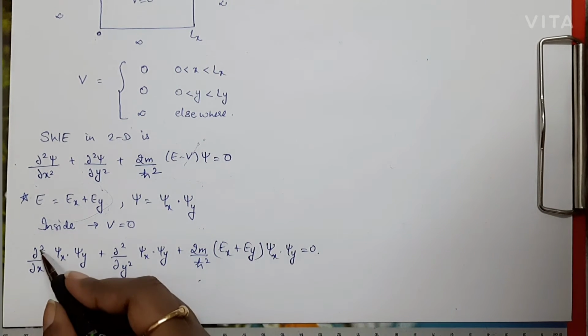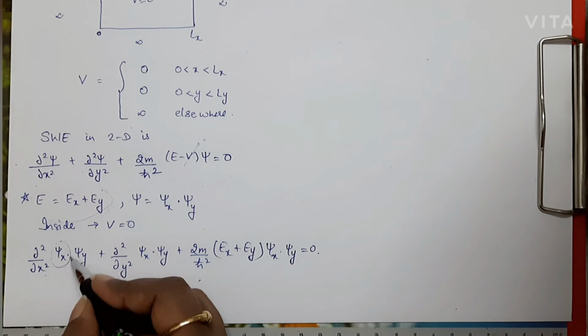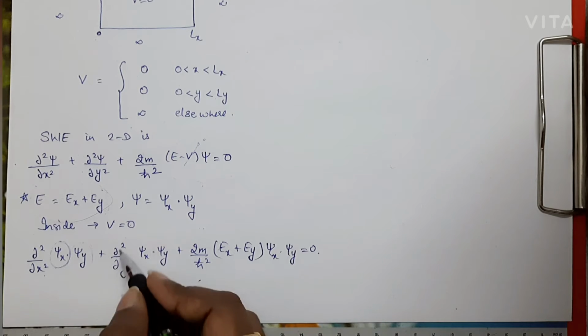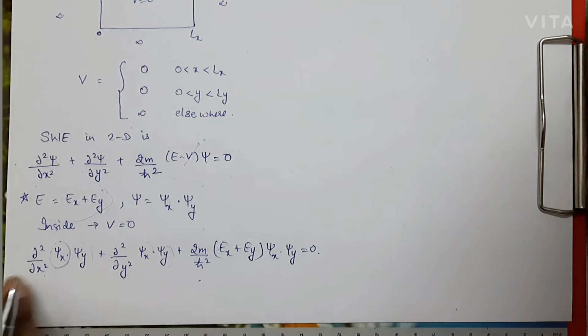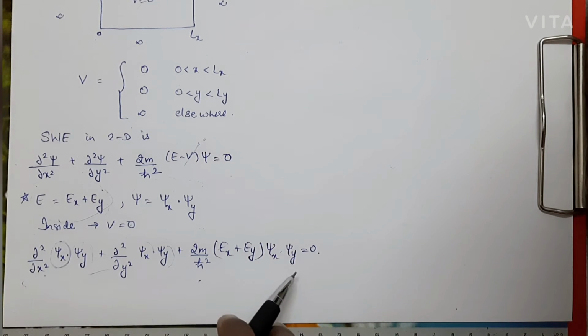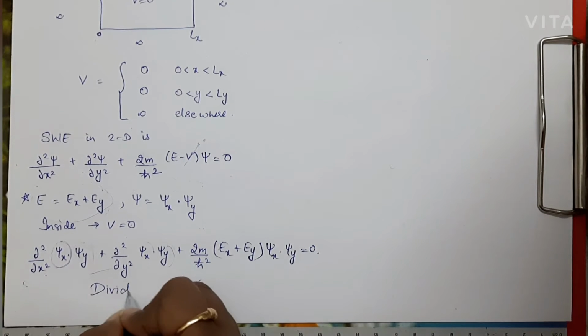Now moving further, here we have del square by del x square. So for del x, psi x will act as the variable and psi y will be the constant. Similarly here psi y will be the variable and psi x will be the constant. So here psi y will move out, here psi x will move out, and after that we are going to divide the whole equation by psi x into psi y, right?